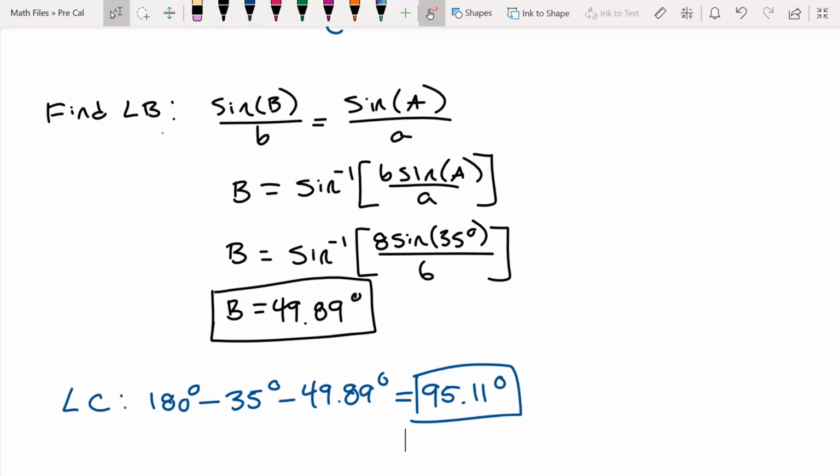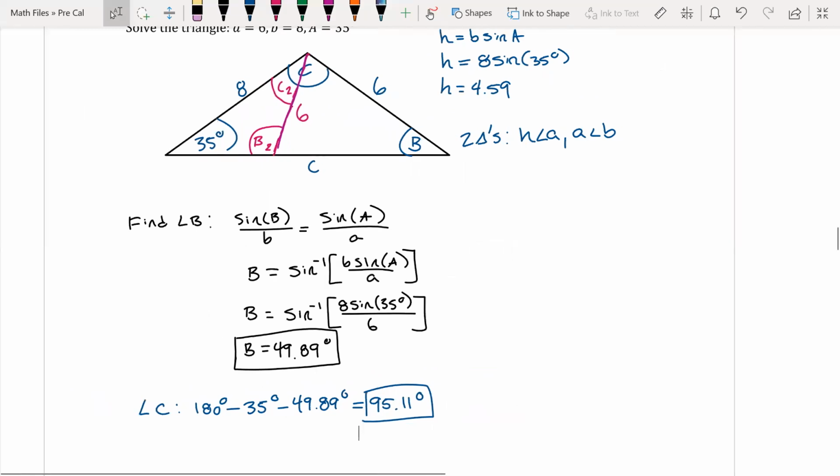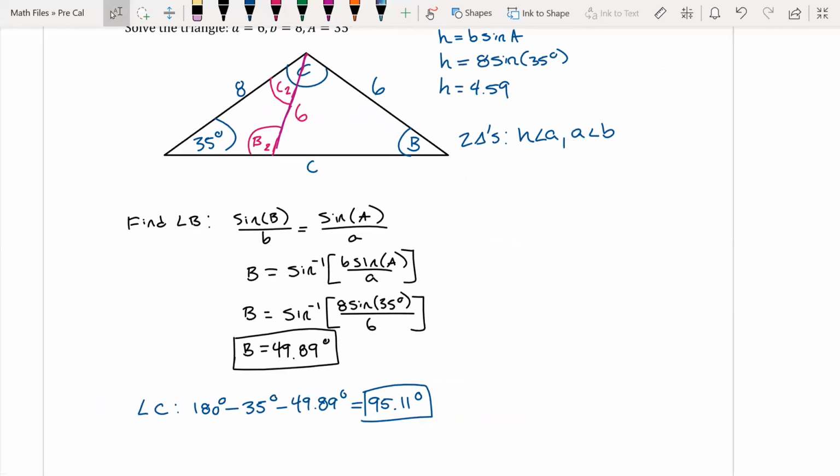Good. So now we have angle B, angle C, and all we need to do is solve for side C now.